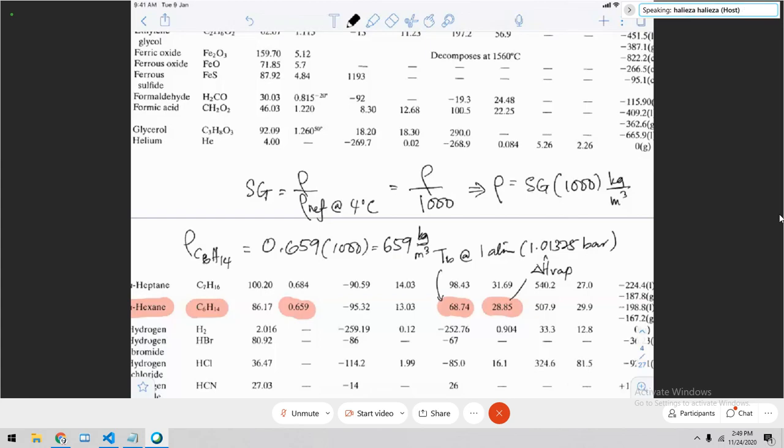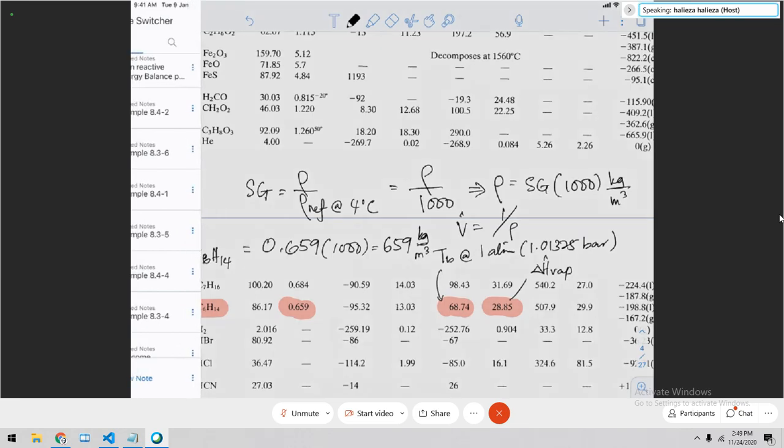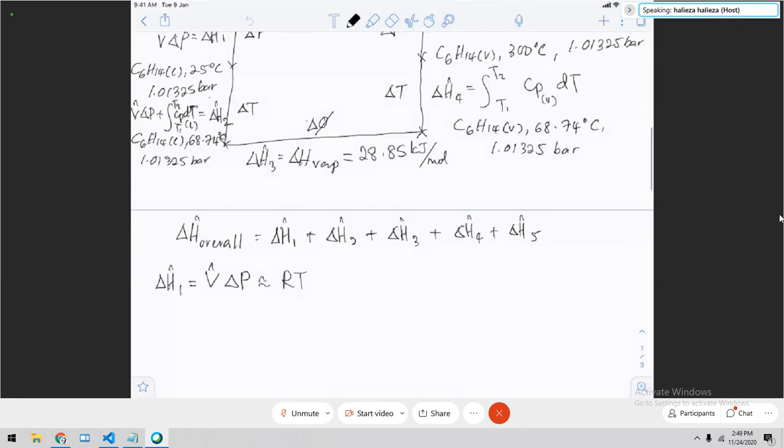Okay, so let's put that value in. And what has it got to do with specific volume? It's the opposite of the specific volume. Okay, 1 over density. So put that value: 1 over 659 cubic meter per kilogram.